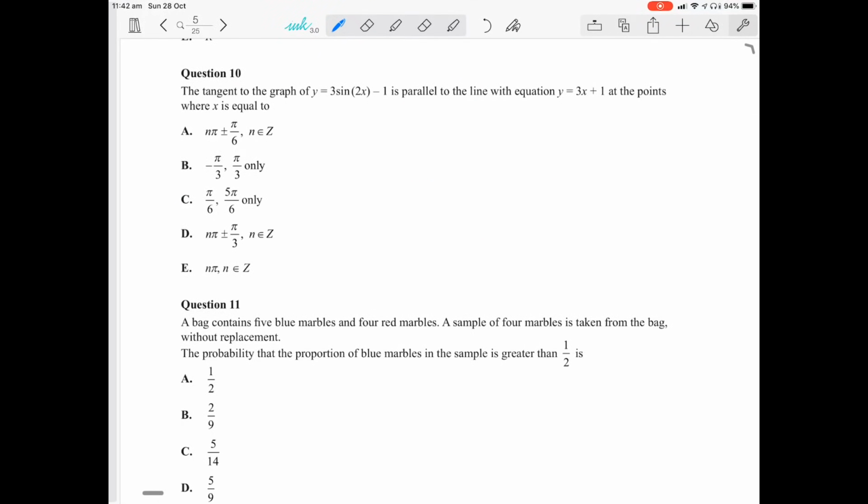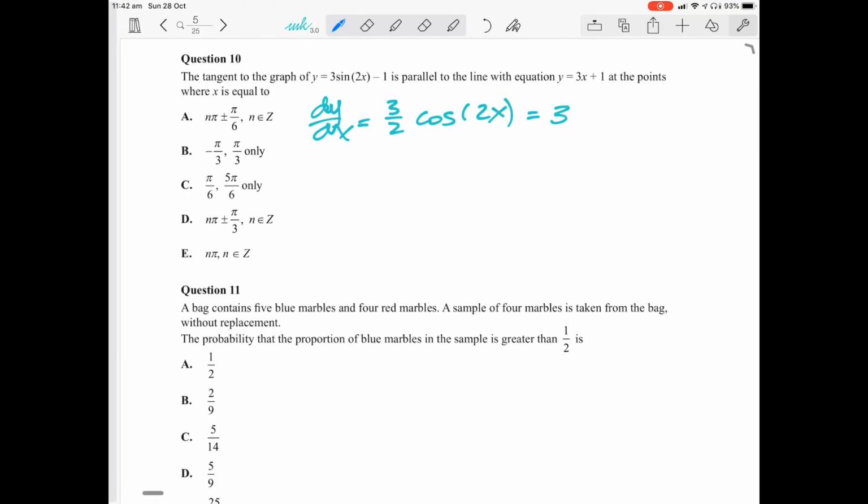The tangent of the graph of that is parallel to the line with equation 3 at the points where x is equal to... the tangent, the derivative, dy dx, is derive sine, and you get cos. So 3 on 2 cos 2x is parallel to the line, so that equals 3.